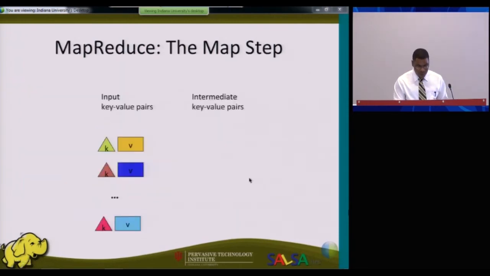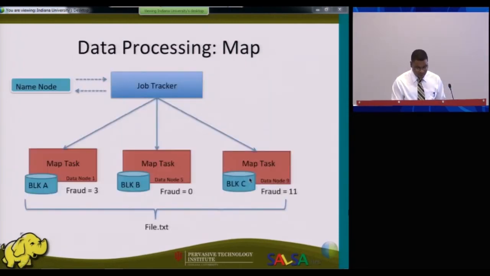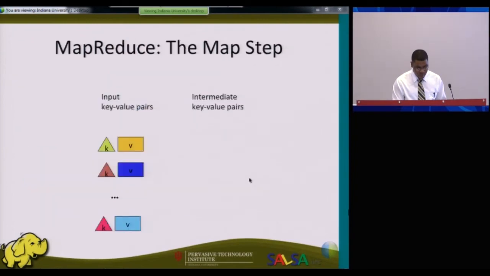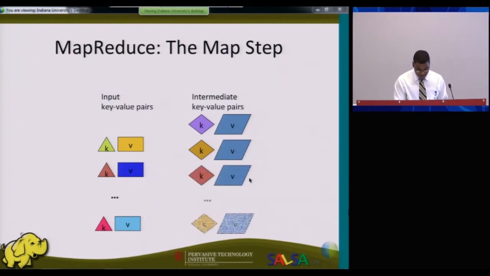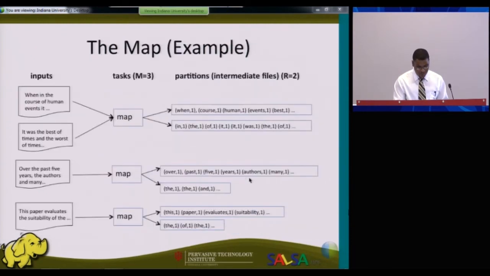So this was somewhat of an abstract view of the map task. To put things into a little more perspective, if I have keys and values, then I map them, depending on your application, to produce intermediate key-value pairs. But let's think of a more detailed view.